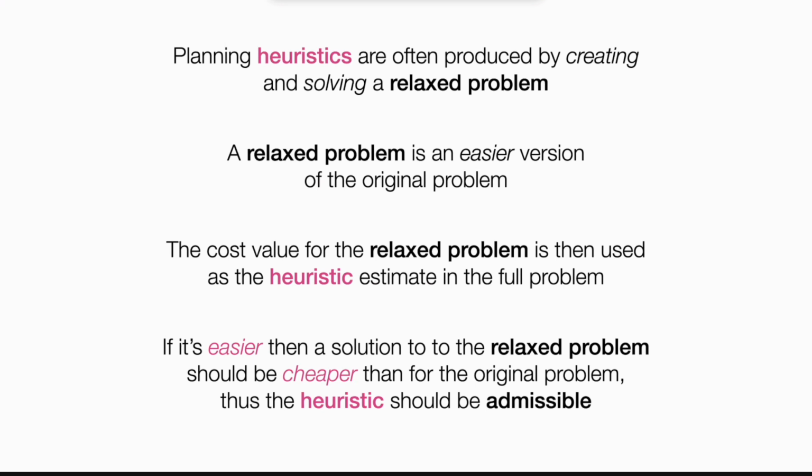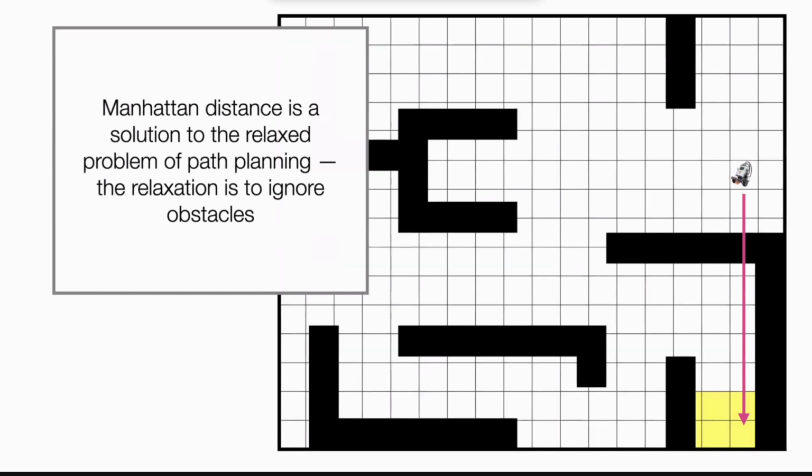That works because the relaxed problem is relaxed, which means it's easier to solve. Just to be clear, the Manhattan distance is a relaxed version of the path planning. The relaxation process is just to ignore obstacles and costs and things. So this is an automatic relaxation that we can perform. And it solves the planning problem because once you've relaxed away the obstacles, you just go straight to the goal.